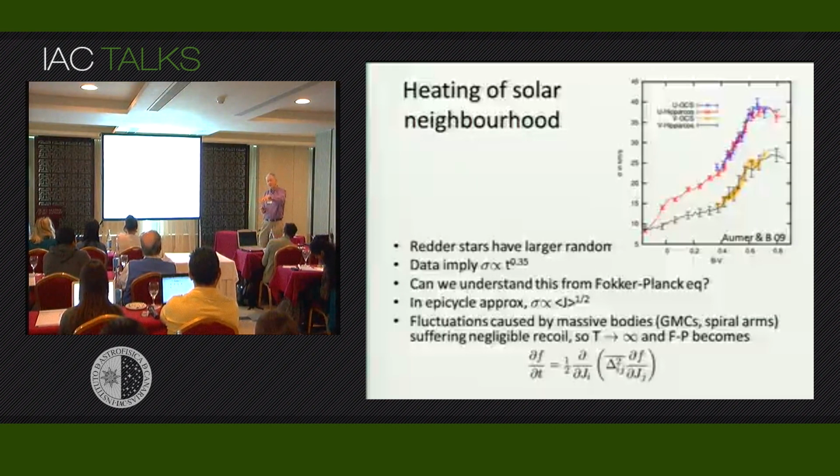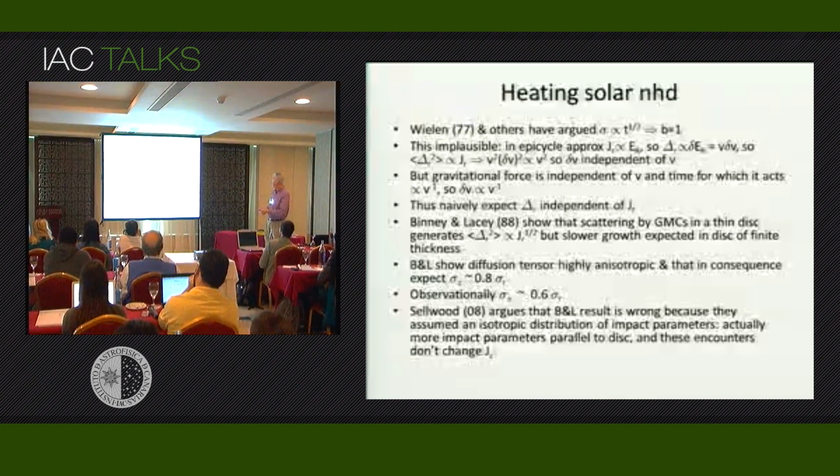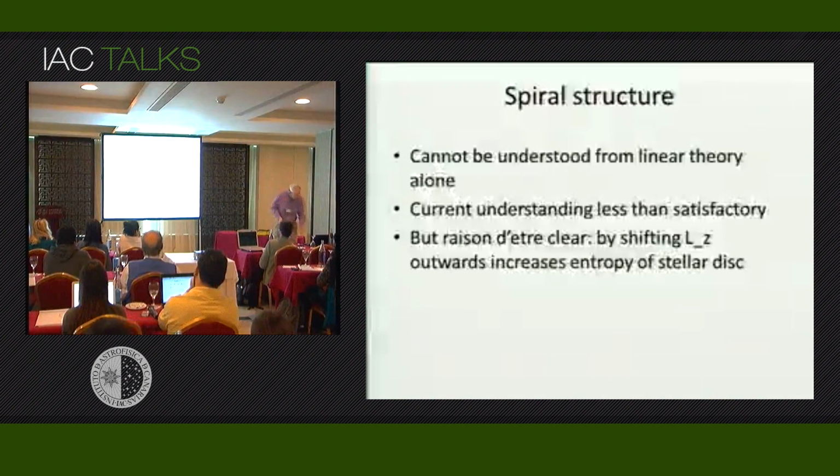If I consider the scattering of M stars by, shall we say, G stars in a star cluster, the G star does suffer a significant recoil as a result of scattering the M star. But in the case of scattering by molecular clouds, spiral arms, or whatever, the scatterer just simply doesn't notice that it's scattered somebody. So there's negligible recoil, and in those circumstances, we can.